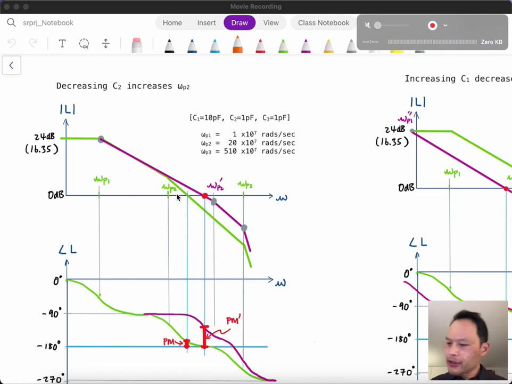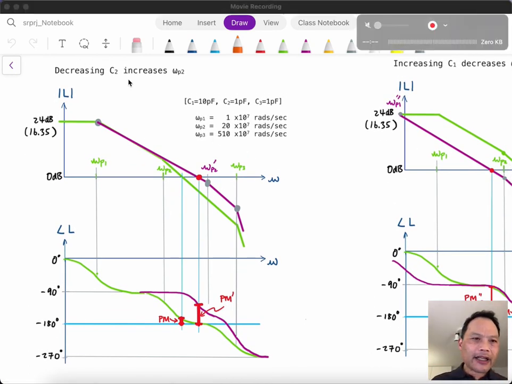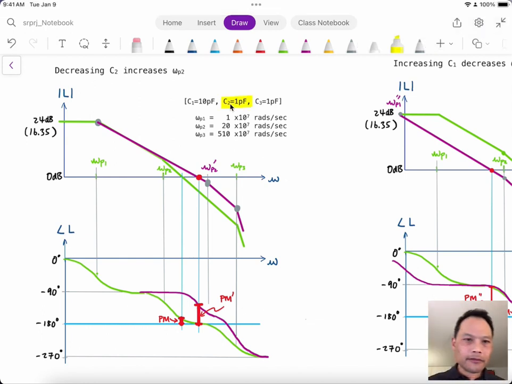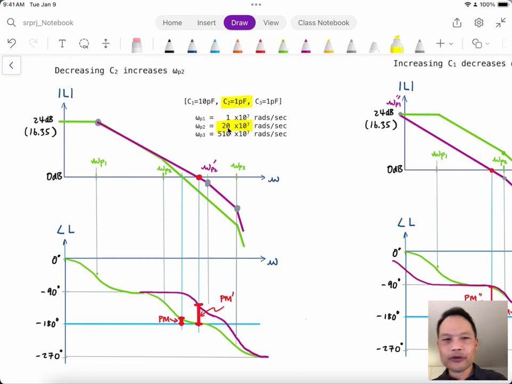I've tried to show this over here. What you see is by decreasing C2 from 5 picofarads down to 1 picofarad, we've dropped C2 by a factor of 5. That's going to increase the pole frequency by a factor of 5, so it goes from 40 megaradians to 200 megaradians per second.